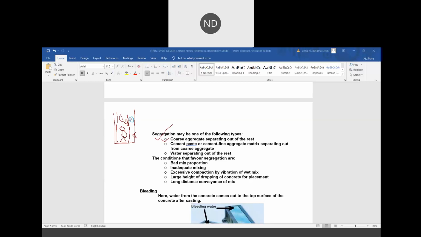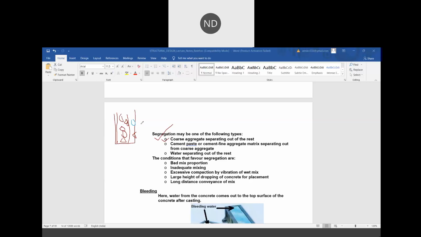So when these come out together, that is cement fine aggregate matrix separating from the coarse aggregate. At the very edge, the cement and sand which are stuck to the aggregate come out, due to some reason.